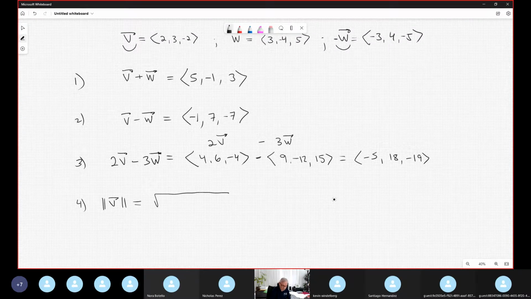So it is 2 squared plus 3 squared plus negative 2 squared. Be careful with the sign. So the square root of 4 plus 9 plus 4 is 17. Leave it like that, or put it in decimal?